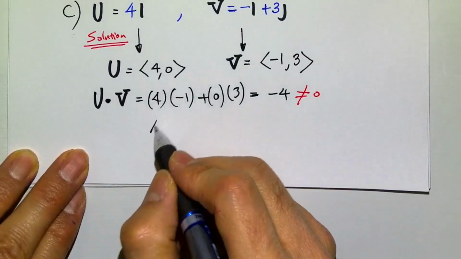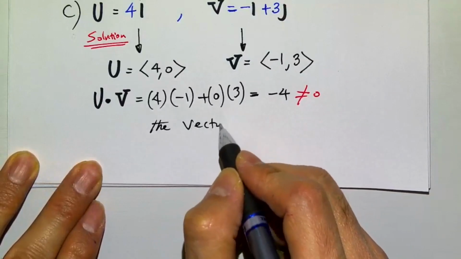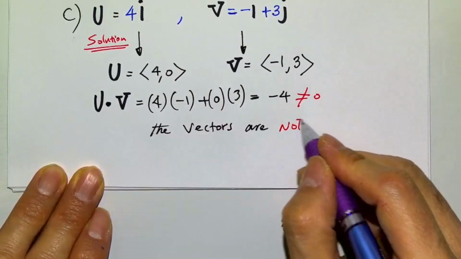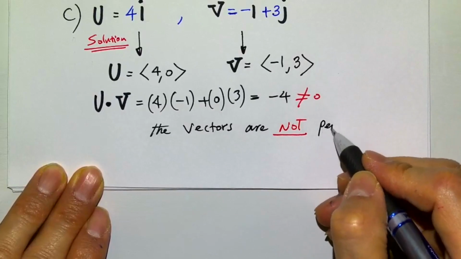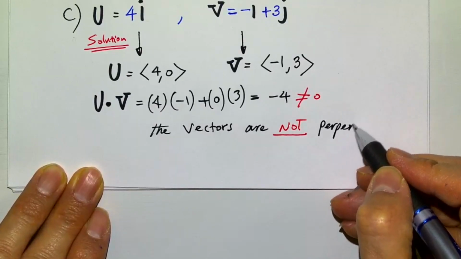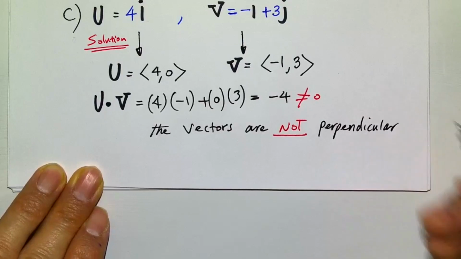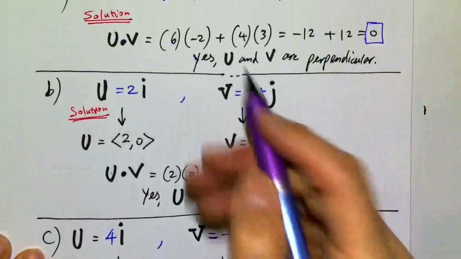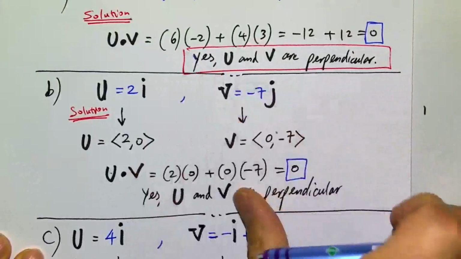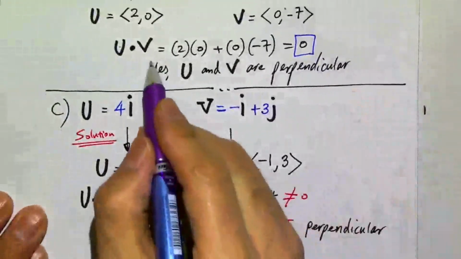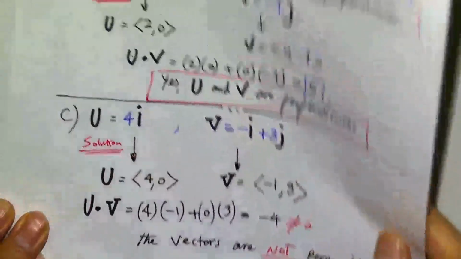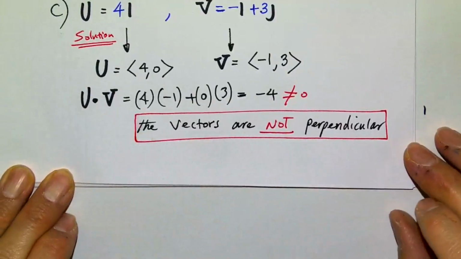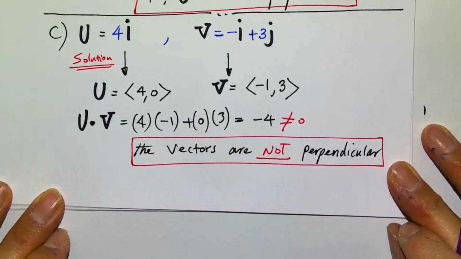Okay, so vectors are not perpendicular or orthogonal. They are not orthogonal. Okay. So I want to actually box these. So they were perpendicular there. They were perpendicular here. But here the vectors are not perpendicular. Okay. All right.